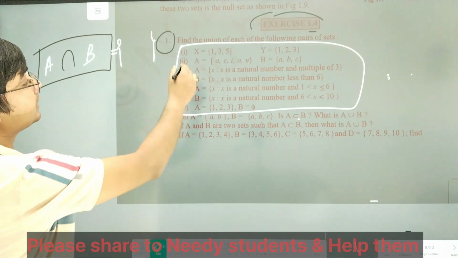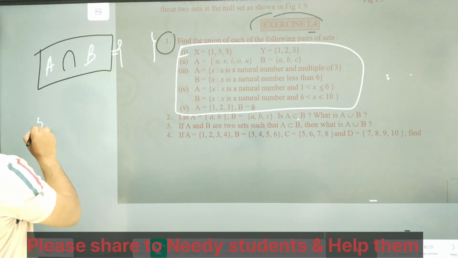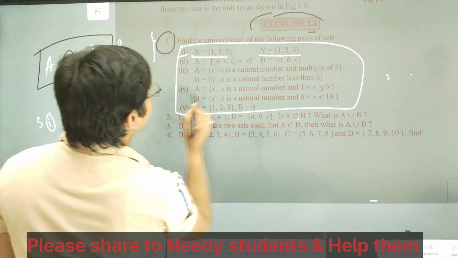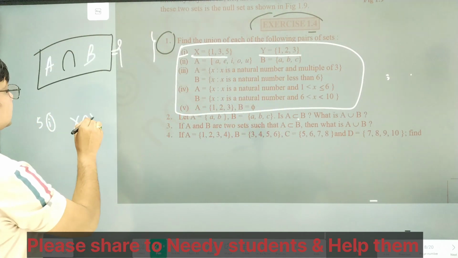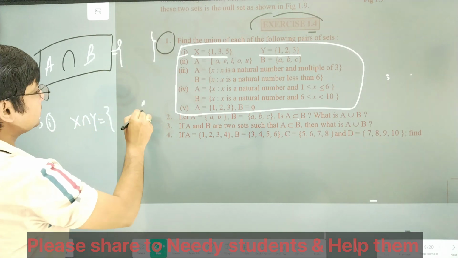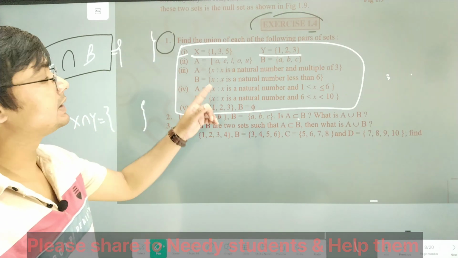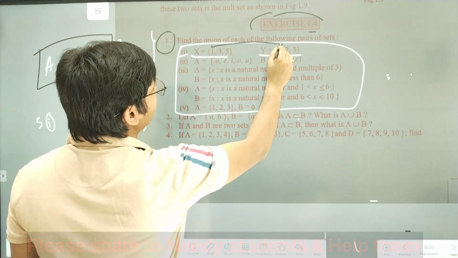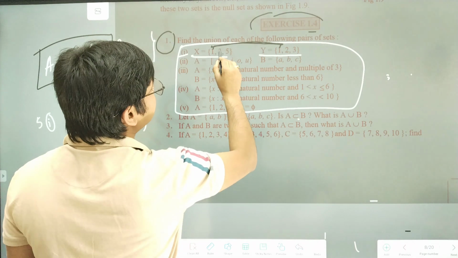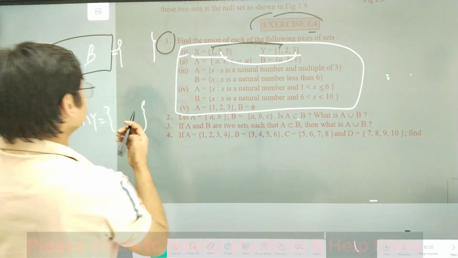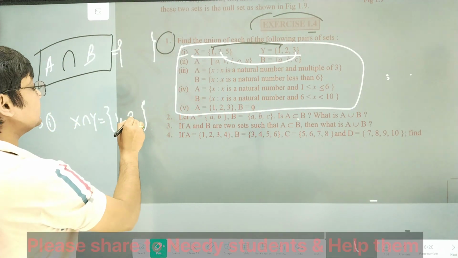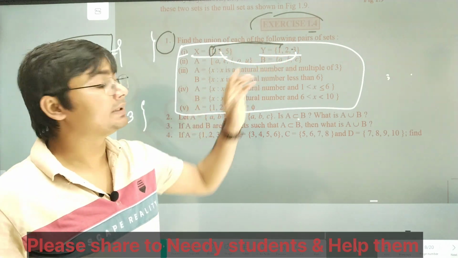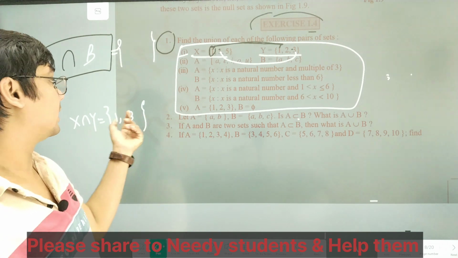You see, in the first question, X is this one, Y is this one. So what will be X intersection Y? Which are the common elements here? You see, 1 is the common element and 3 is also the common element. So you take 1 and 3. These two are the common elements, so you collect them.